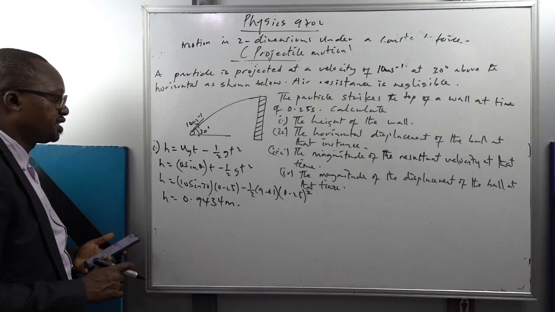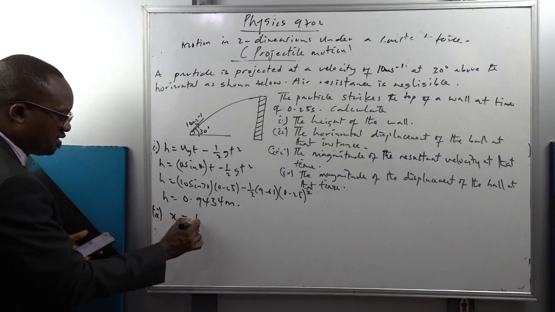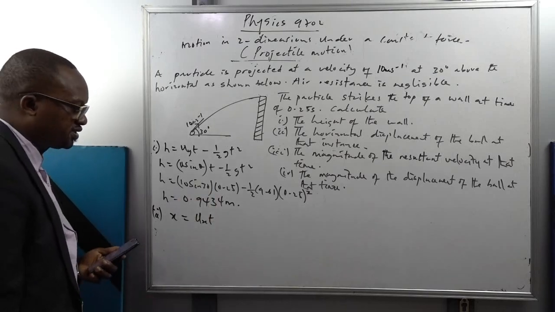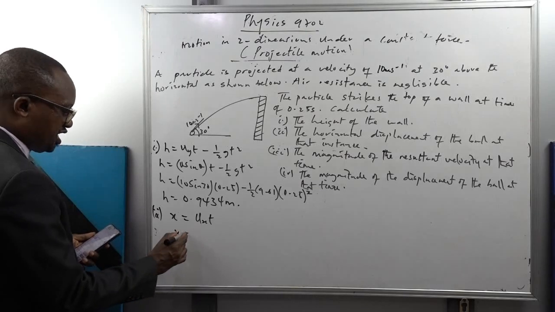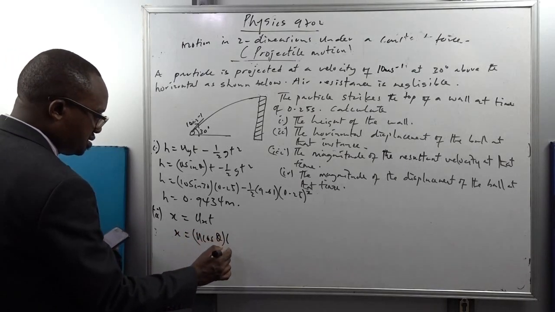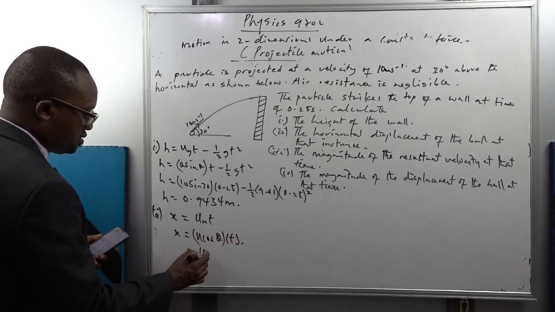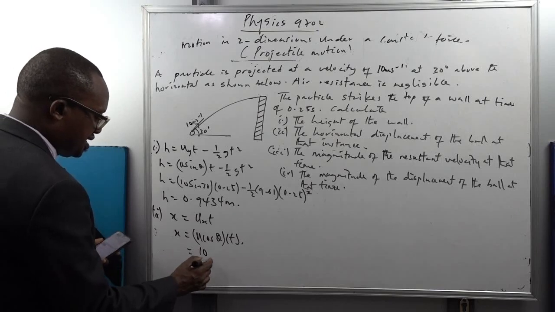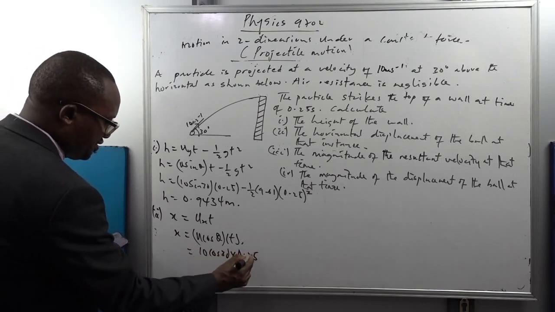Okay, so the next one is the horizontal displacement x. Horizontal displacement x will be given as ux t, because acceleration along the horizontal is 0. So x becomes, what is ux? u cos theta times t. This becomes 10 cos 30 times 0.25.